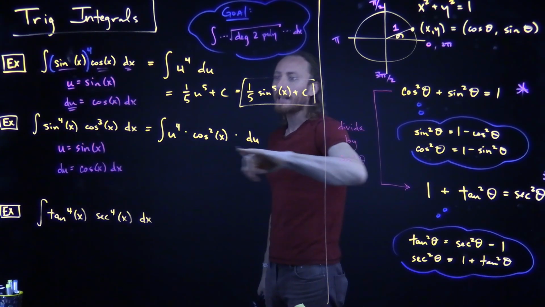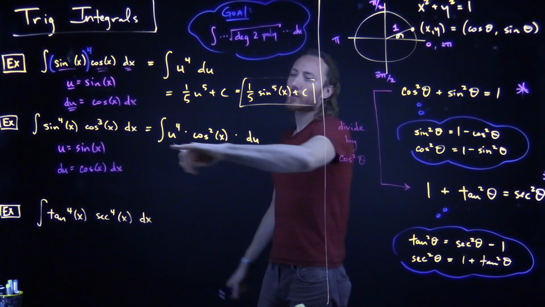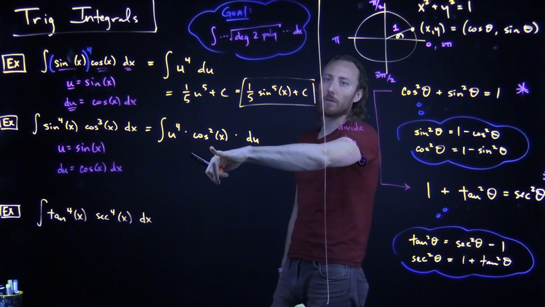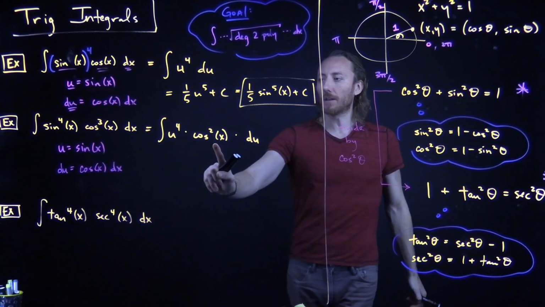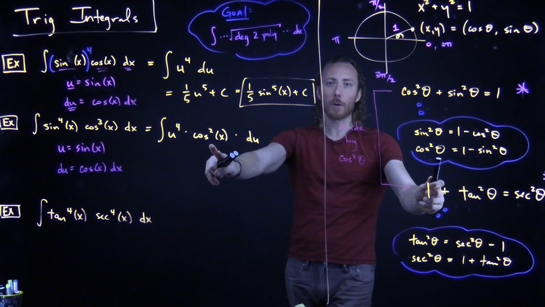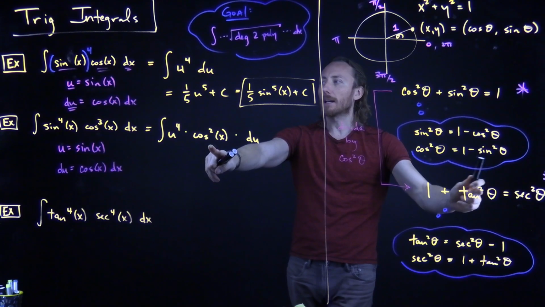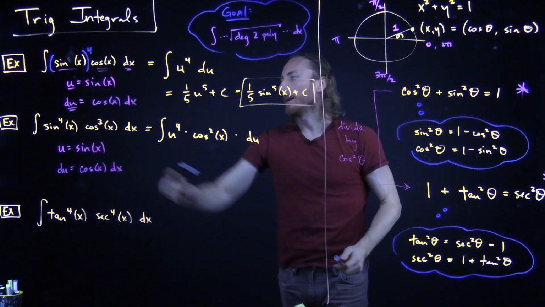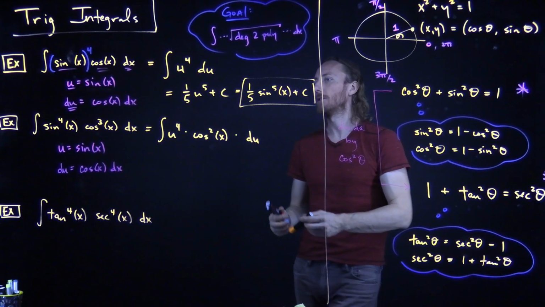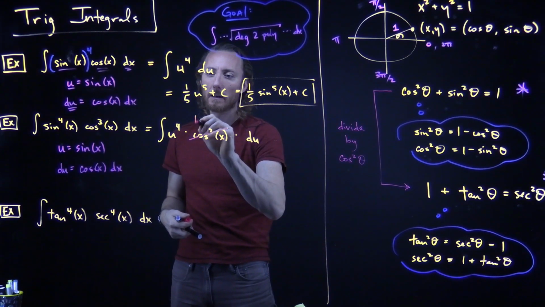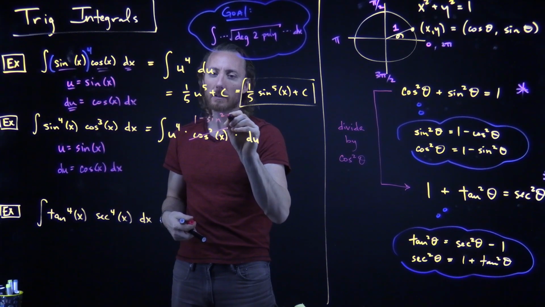But if we're going to integrate this new function that's now in terms of u, we're going to have to get x out of the integral. But we can, because cosine squared is just 1 minus sine squared. And 1 minus sine squared would be just 1 minus u squared. So here's the idea: we're going to replace cosine squared x with 1 minus sine squared x.